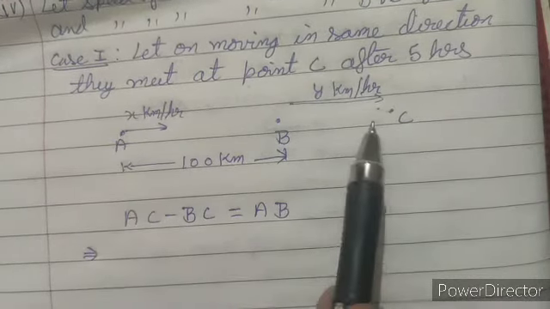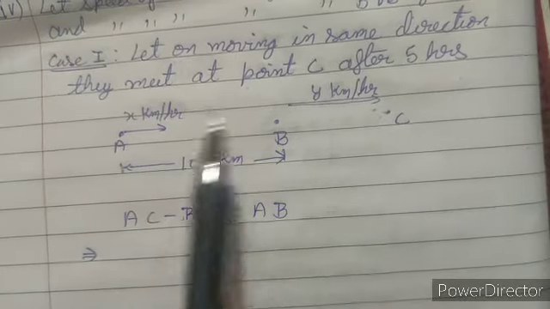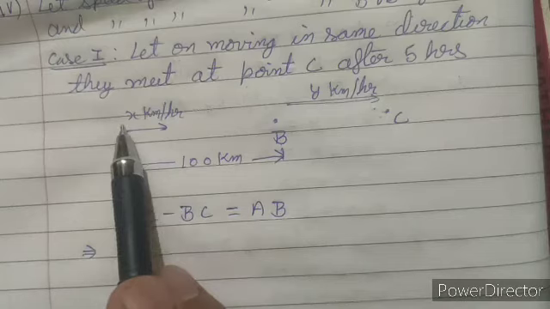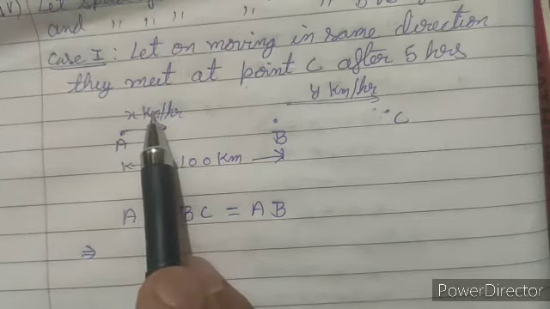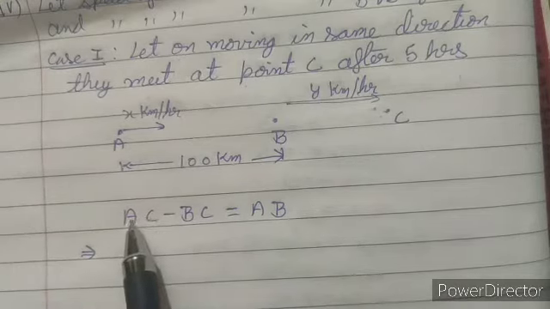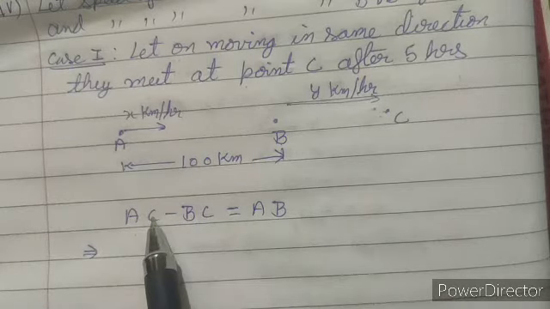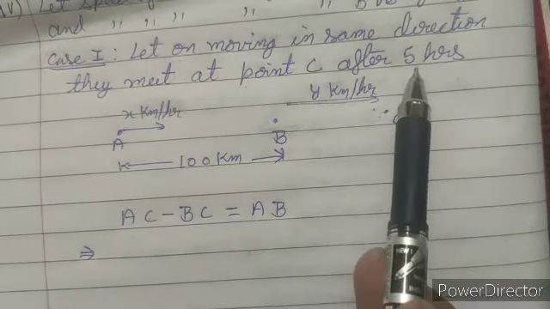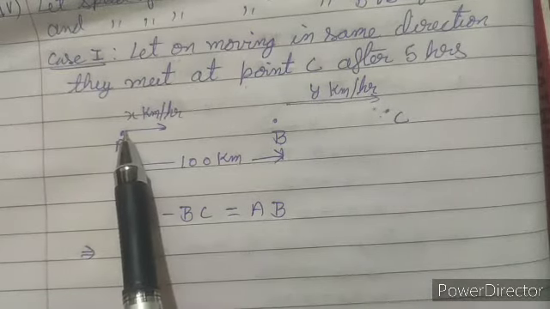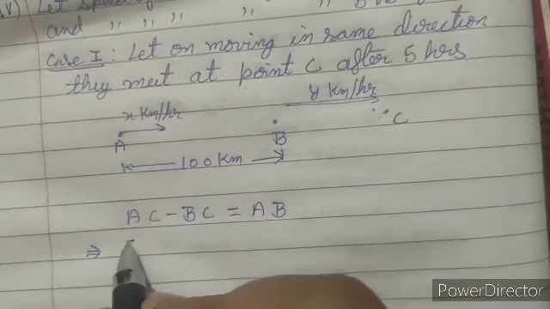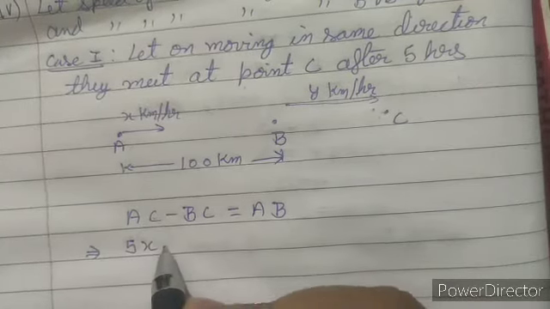Here AC will be the distance covered by the car starting from A with a speed of x km per hour, and as we know, distance will be speed into time, and the speed is x, and they are meeting in 5 hours. That means the time of travel for A is 5 hours. So this will be speed into time, that will be 5x minus.